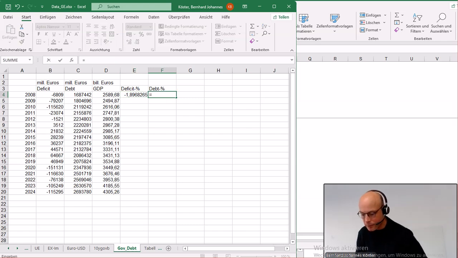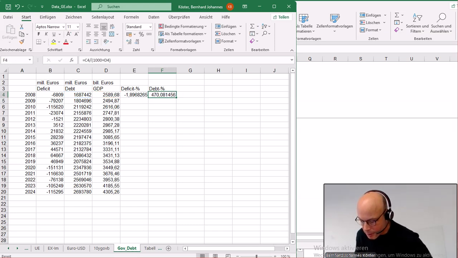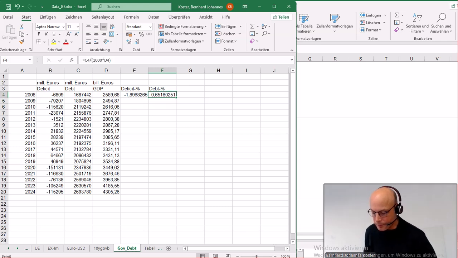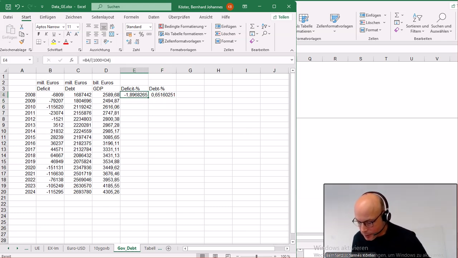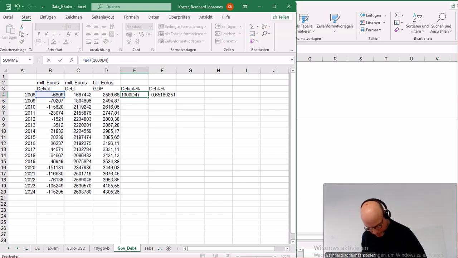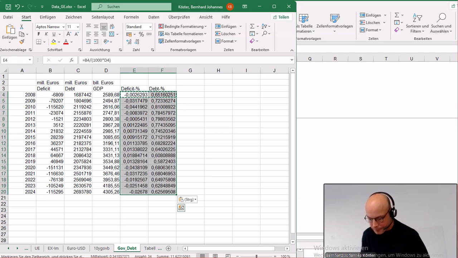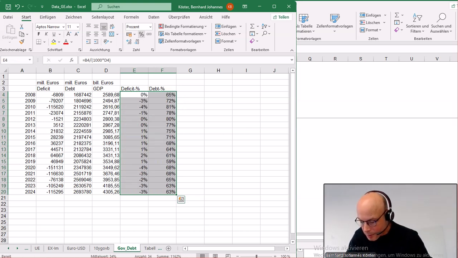And here also million euros divided by 1000 times GDP. Oh, there's a plus. And there's also a plus. Now it looks better, yeah.